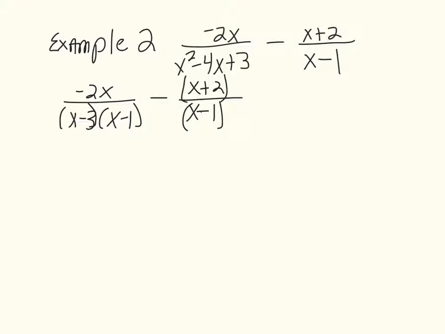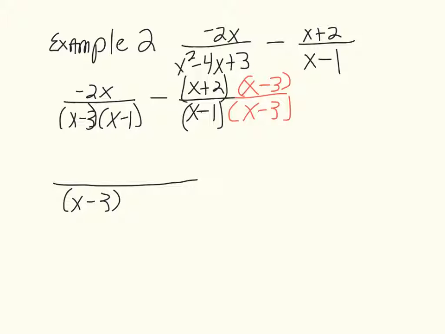I have that in my first fraction, but I don't have that in my second fraction. So I need to multiply by a giant 1 of x minus 3 over x minus 3. So I now have a common denominator of x minus 3 times x minus 1.